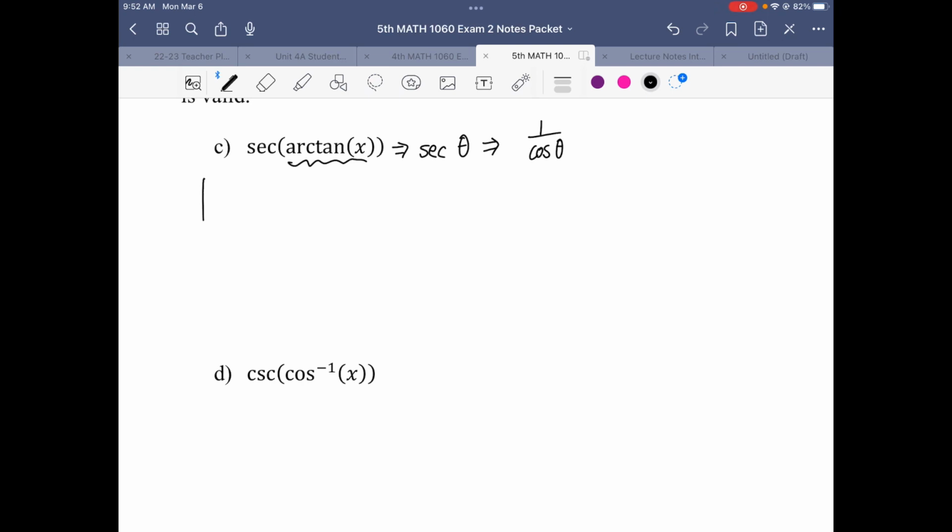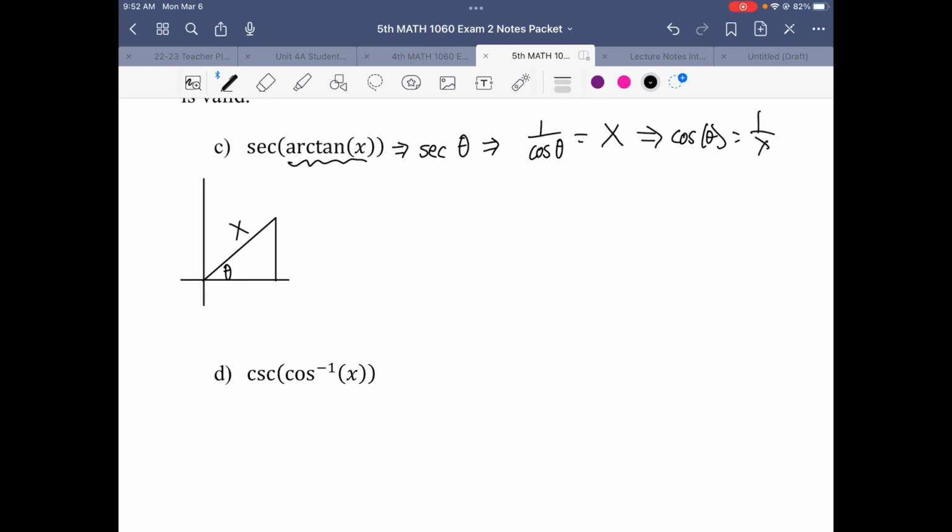So then if we draw the picture, what this is telling you is that we have some theta and then the cosine of theta would equal 1 over x.